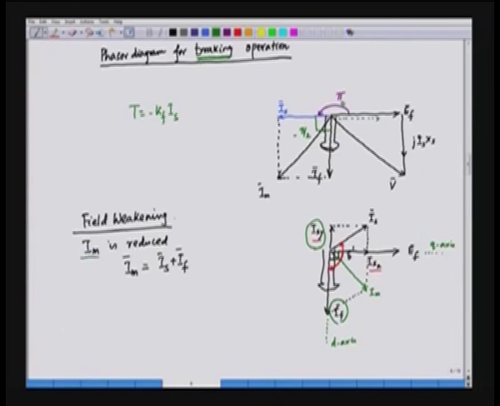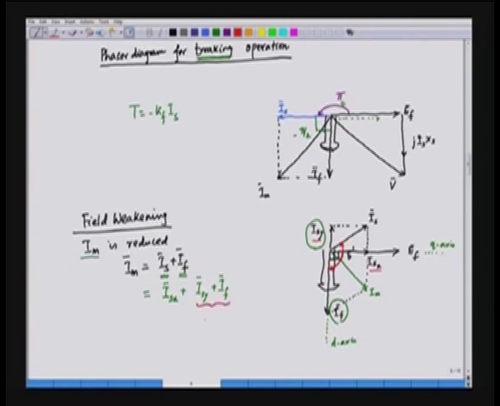and we are talking about the field weakening condition, and Im is equal to the stator current plus the field current, and we see that the stator current has a component, that is Isx plus Isy plus If, and Isy is opposing If.